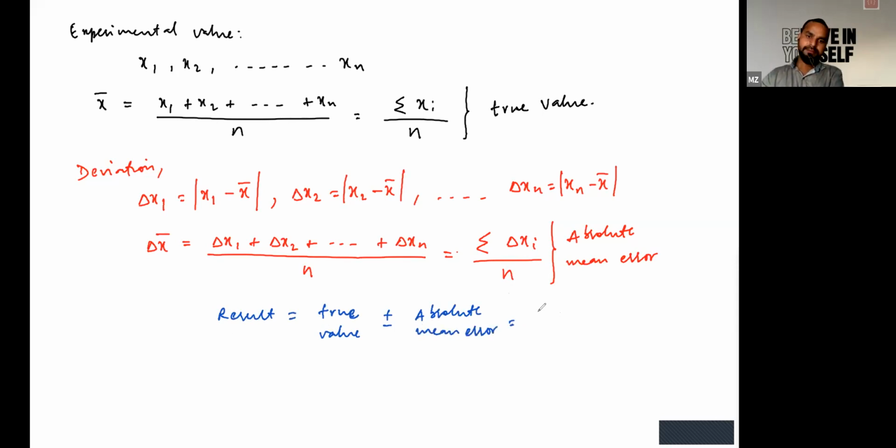So it will be x bar plus minus delta x bar, or just remove this part. So it will be x plus minus delta x. Now from this observation or result, you would find two different terms. First is called fractional or relative error.